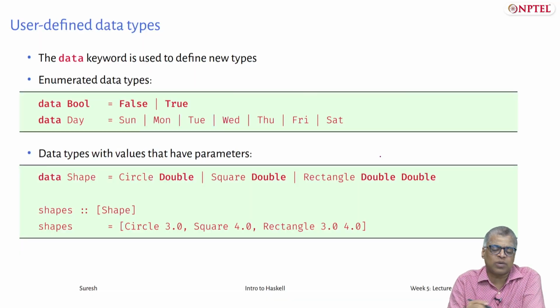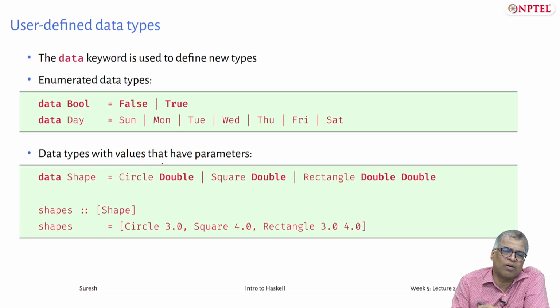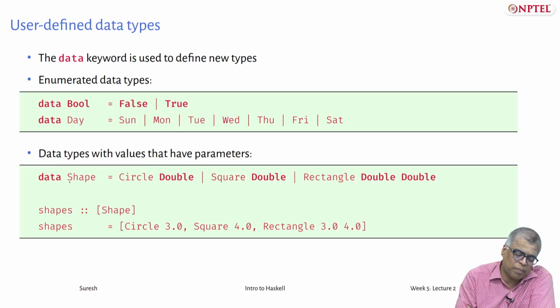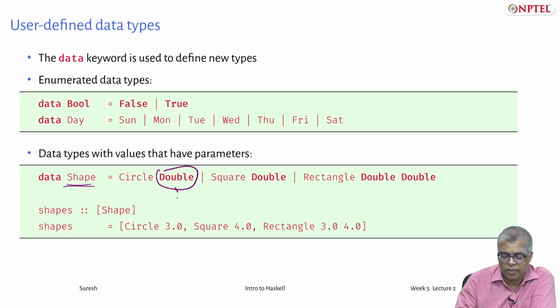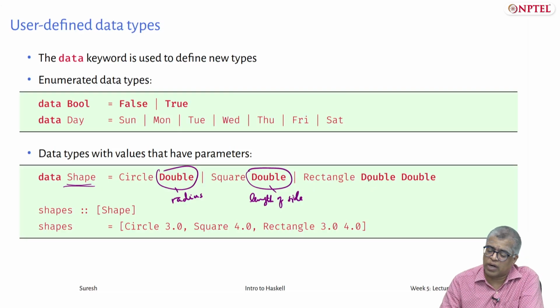So that's about enumerating the values in a data type. You can also have types where there are multiple kinds of values, but each value will have its own parameter. For instance, Shape is a type that you want to define. Data Shape: a shape is either a Circle with a Double, the Double here stands for radius, or Square and a Double argument, this stands for length of the side, or a Rectangle, but Rectangle needs two parameters, length and breadth.